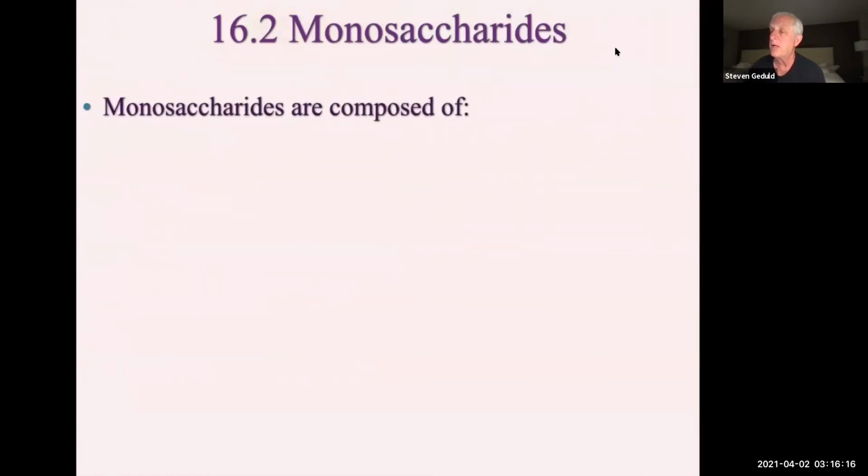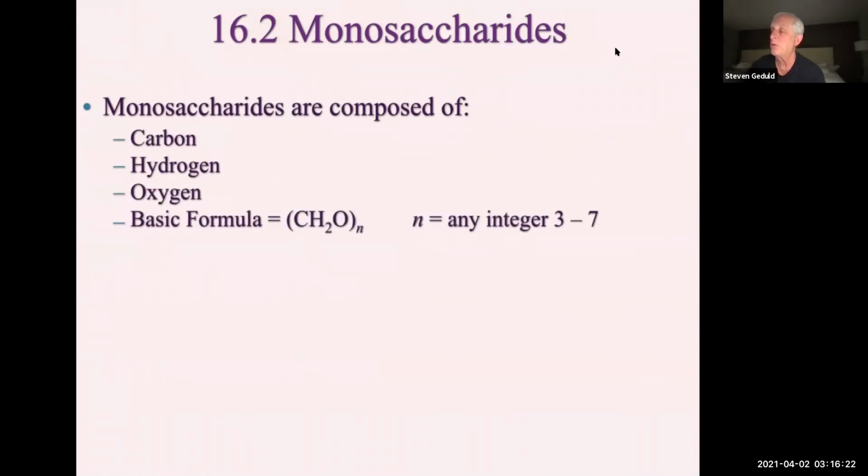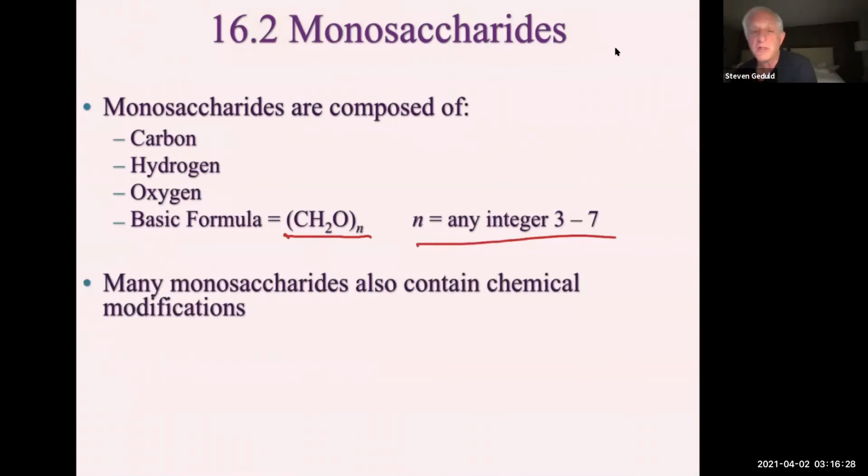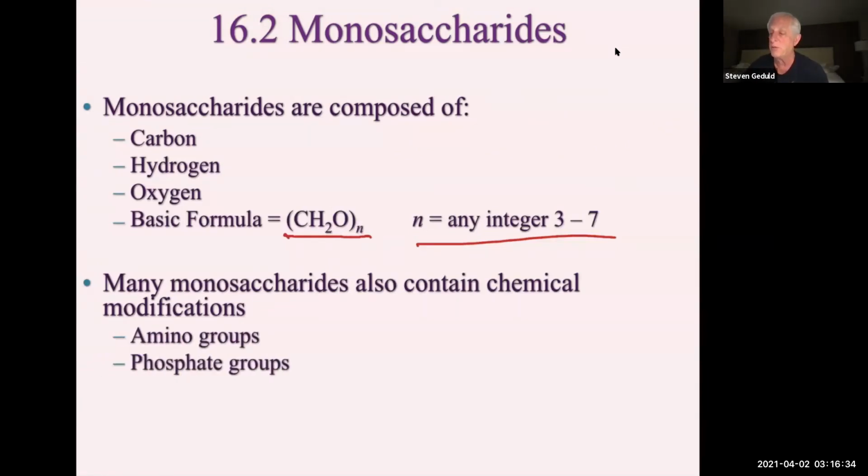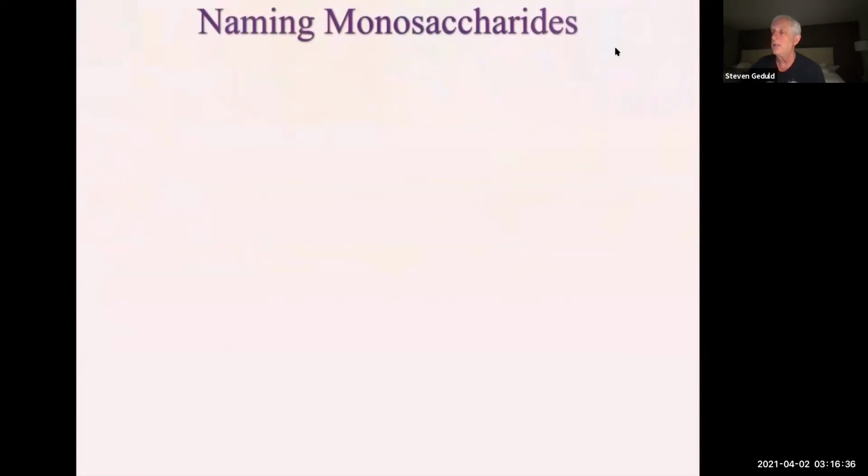So monosaccharides are composed of carbon, hydrogen, and oxygen. The basic formula we said was CH2N, where N is anything between 3 to 7. Many monosaccharides also contain chemical modifications, like amino groups and phosphate groups. So naming the monosaccharides, we got to name everything, right?